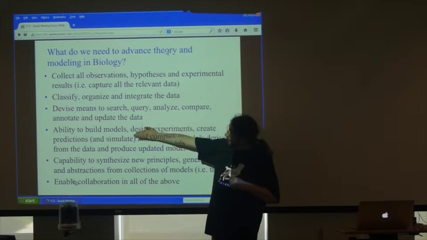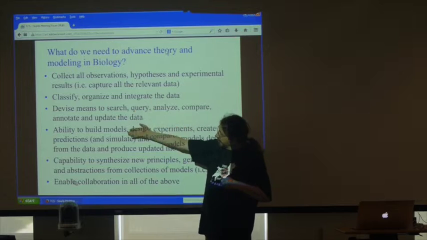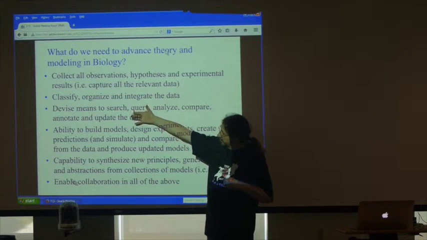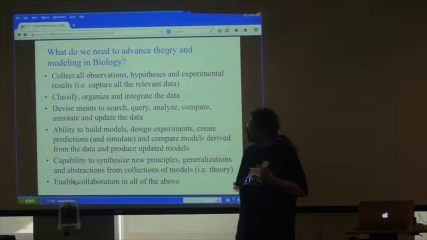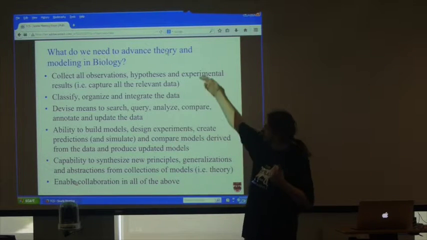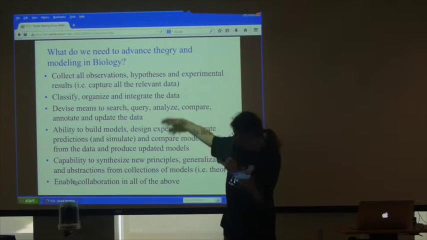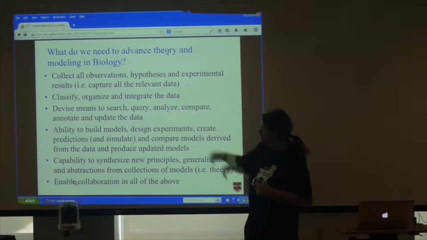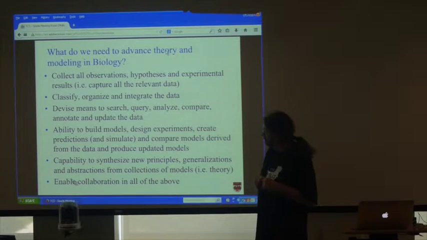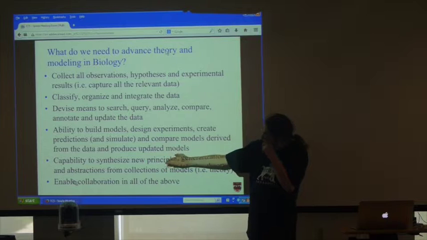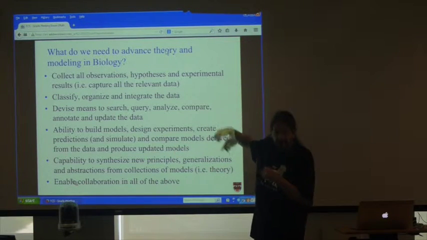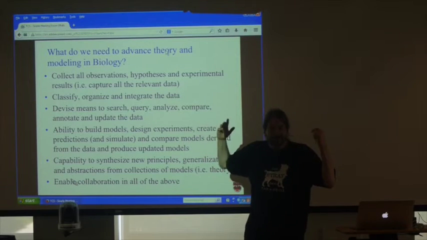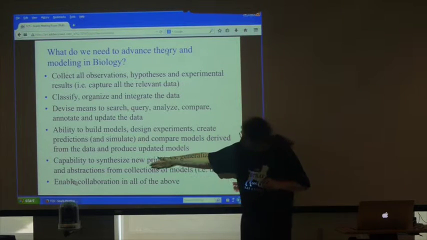We build tools to allow us to extract models from these data collections, and then run those models to make predictions, and compare those to what we're measuring in the world. Update the parts of this that are our rules, basically. And then synthesize principles from this loop and turn the crank on this a lot, maybe for 100 years or 1,000 years, I don't know how long it's going to take.